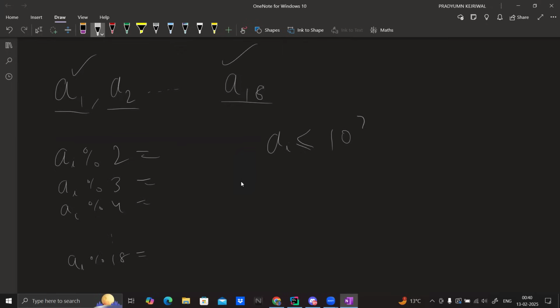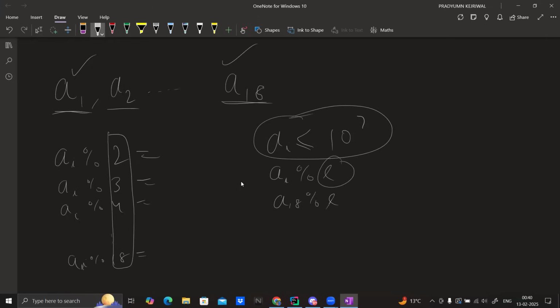But if A1 and A18 are different and both are less than 10 to the power 7, then definitely A1 mod L and A18 mod L both are different, right? where L is the LCM from 2 to 18.